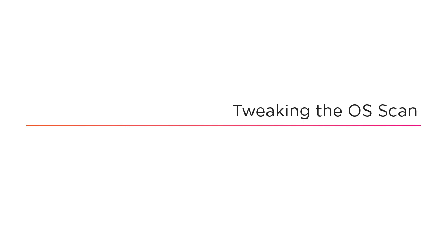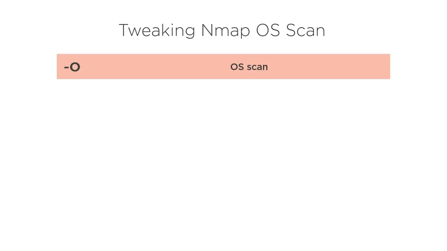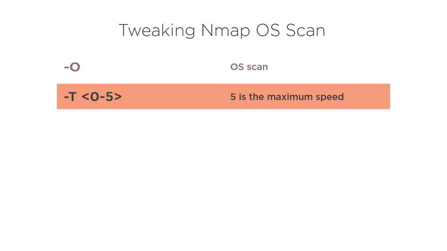Scanning for the operating system accurately was a big challenge. The first option that you saw already for OS scan is the tag O. No need for explanation here, right? The second important option for tweaking the OS scan is the timing option.